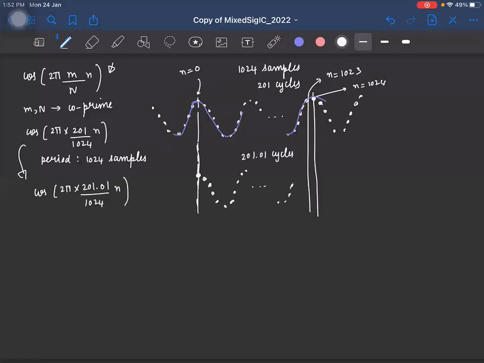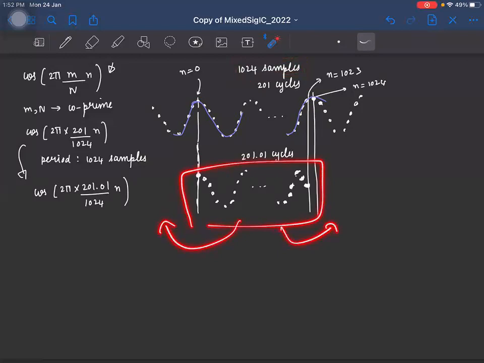What might happen is that it will complete 201 cycles at this point, and it will keep going, because it is going to finish more than 201 cycles. So the waveform might look something like this. Now if we take the 1024 point DFT, this data will get repeated on either side.